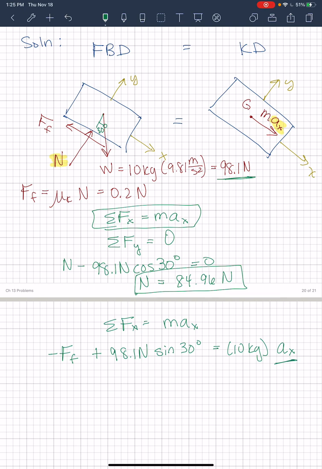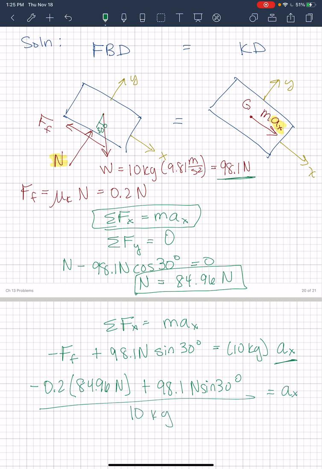That force of friction we found to be negative 0.2 times that normal force, so 84.96 newtons. 98.1 newtons sine 30 degrees, all divided by 10 kilograms equals a sub x.